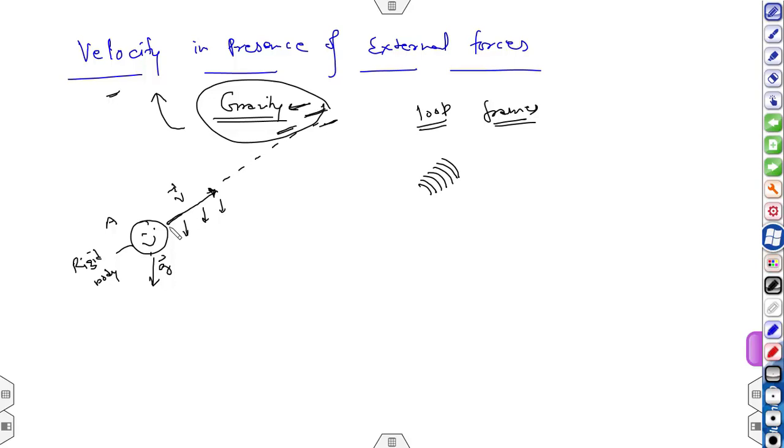So the resultant velocity will be like this. Because of this gravity, this particular character will fall down after a certain moment. This type of motion is called projectile motion. And how this gravity will be used to achieve this type of motion, we will see here.